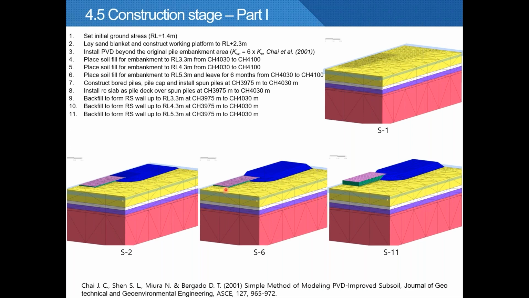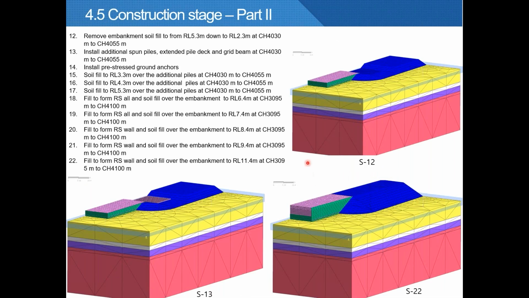Then construct the bored piles, pile cap, and the spun piles below the reinforced soil wall, and construct the reinforced soil wall gradually to RL 5.3.